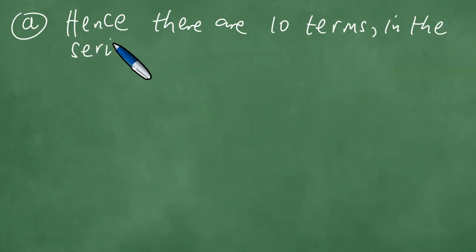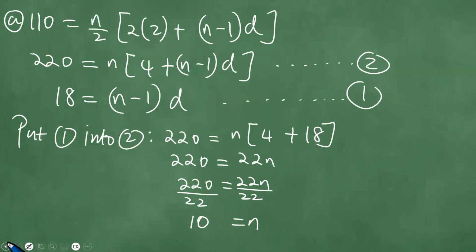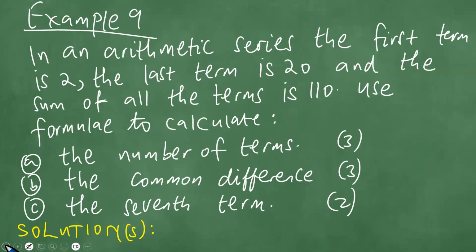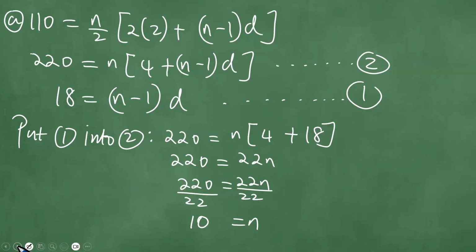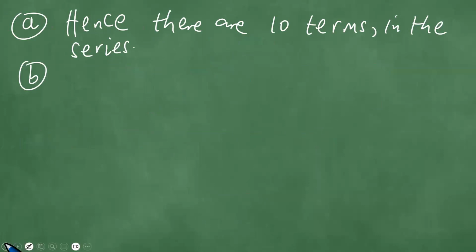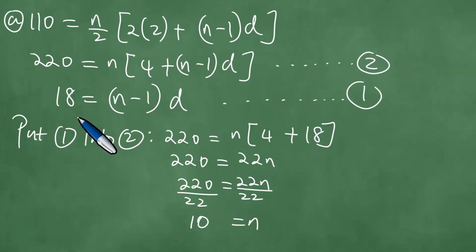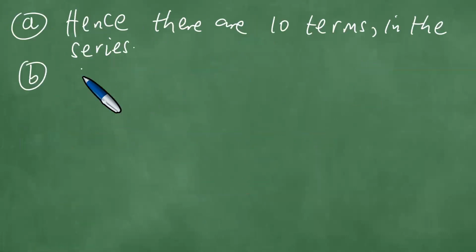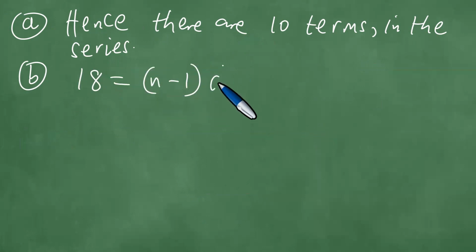Now in part B, we are looking at the common difference. So in part B, we have 18 equals n minus 1 times d.